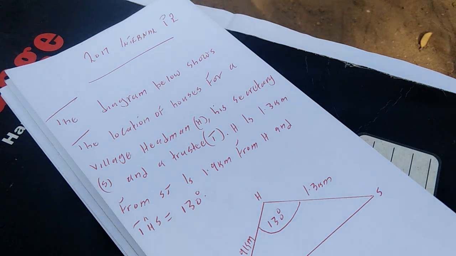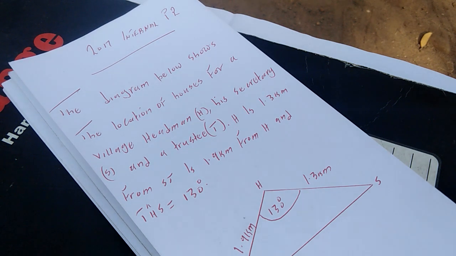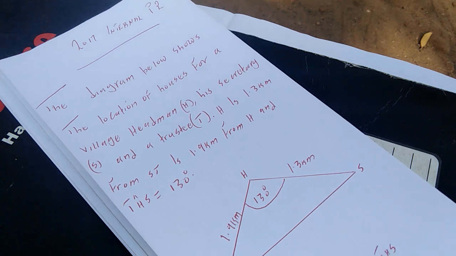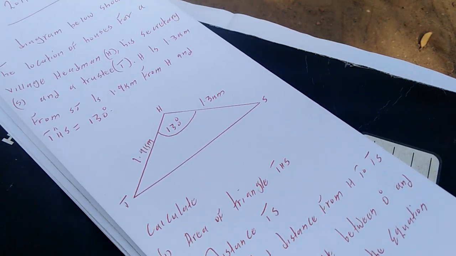The question reads: the diagram below shows the location of houses for a village headman, denoted by capital H, his secretary, denoted by capital S, and a trustee, denoted by capital T. We've been told that HT is 1.3 kilometers, ST is 1.9 kilometers, and angle THS at H is 130 degrees, as given in the diagram.